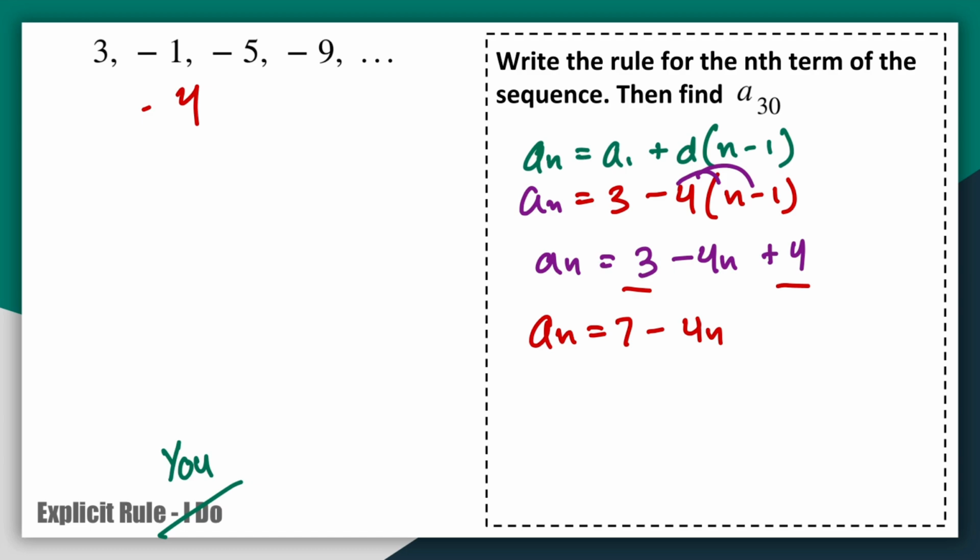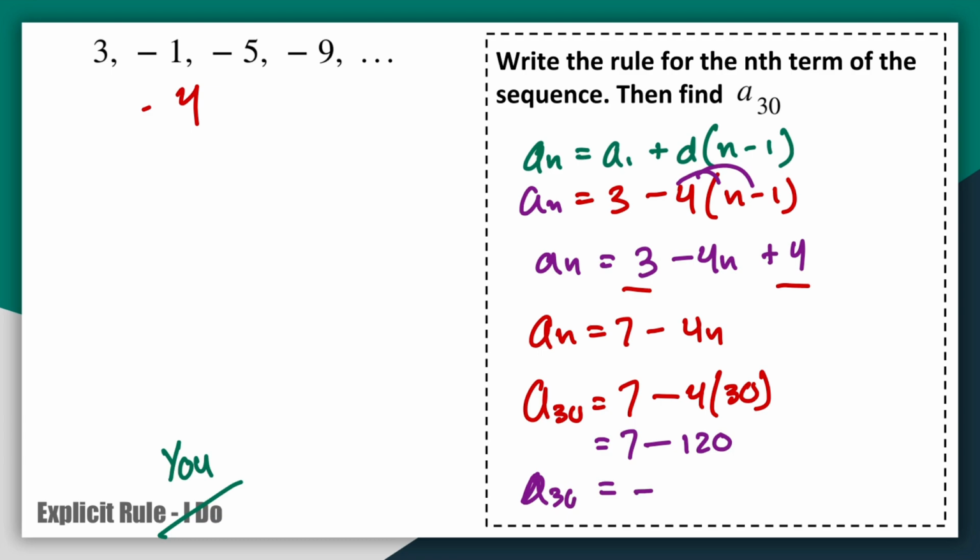That's our explicit rule. We're going to plug in 30, so a of 30 is equal to 7 minus 4 times 30. Okay, 4 times 30 is negative 120. So we get 7 minus 120, which should give us negative 113 as our 30th term, okay?